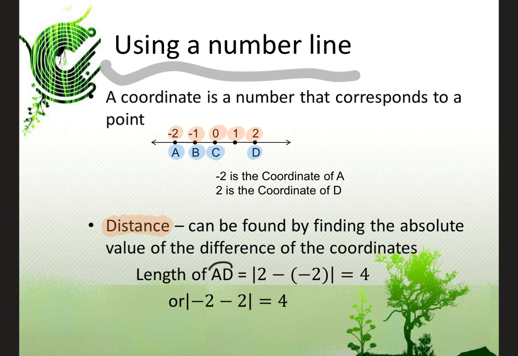For example, if I want to find the length of AD, A is -2 and D is 2. So I could count 1, 2, 3, 4. That's one way to get distance. I can make sure I do the bigger minus the smaller. So 2 minus -2 would become 2 plus 2, which is 4. Or I can use the absolute value where order doesn't matter. So I could do -2 minus 2, but keep it in absolute value. And I'd get the absolute value of -4, which is 4.